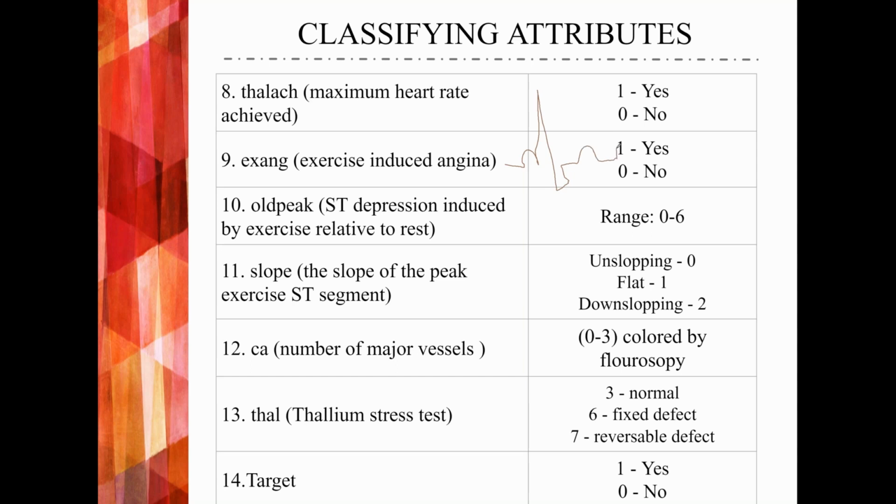For a normal person, the ECG should be somewhat similar to this. You can see the shift in the curve over here. That is mainly due to the ST depression.